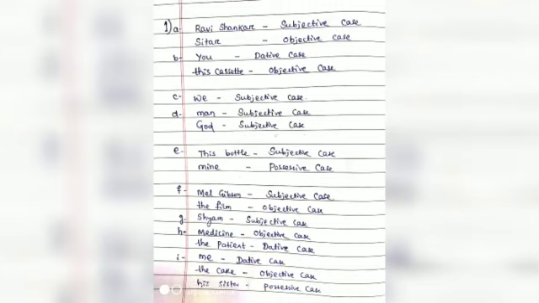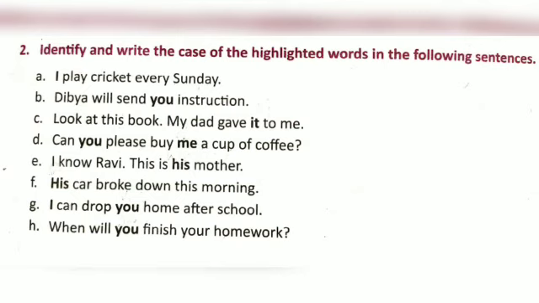Then sitar is the objective case, you is the dative case, the cassette is the objective case, we subjective case, then the man subjective case, got subjective case. So this bottle subjective case, mine is the possessive case, Mel Gibson subjective case, mine, then possessive case, the film objective case, Sam subjective case, medicine objective case, the patient dative case, me dative case, the cake.